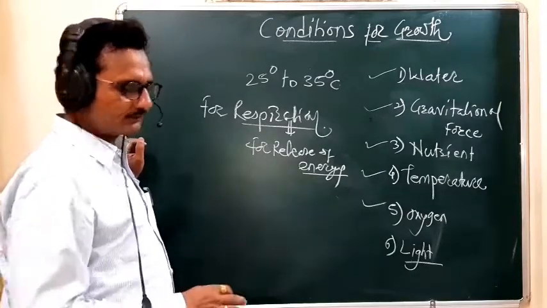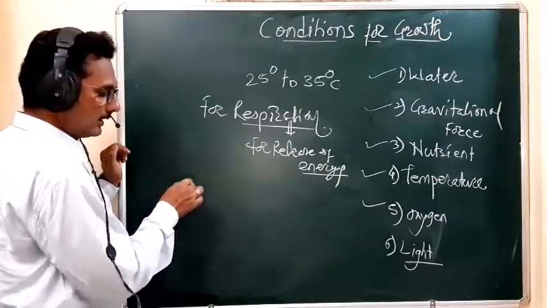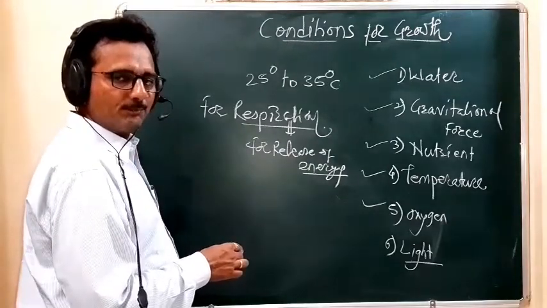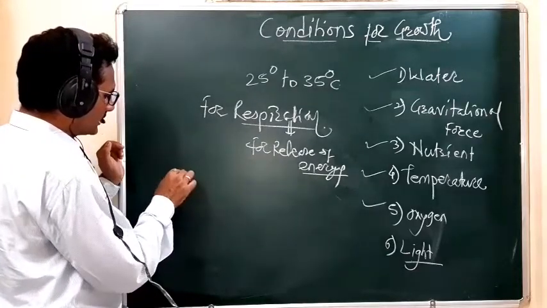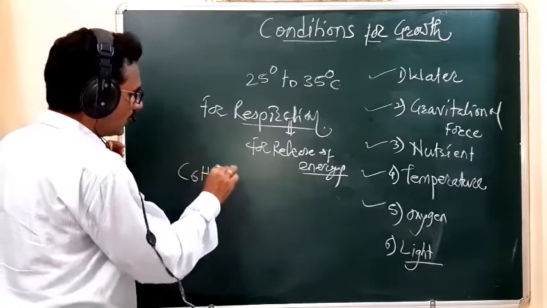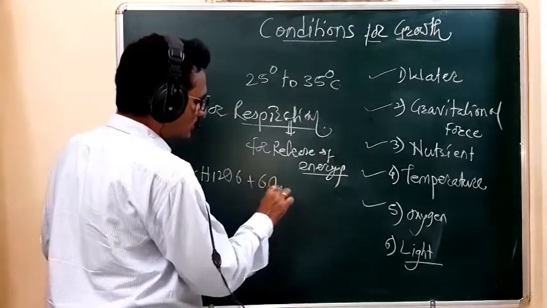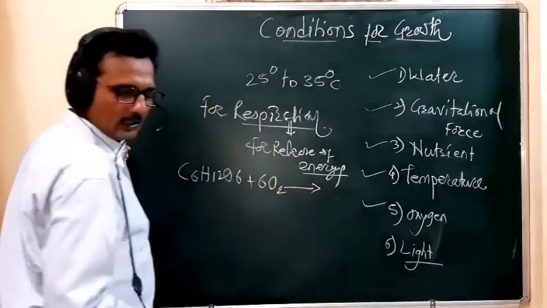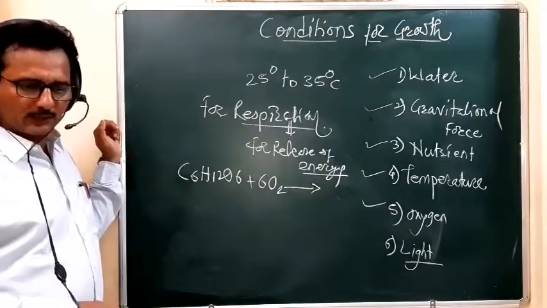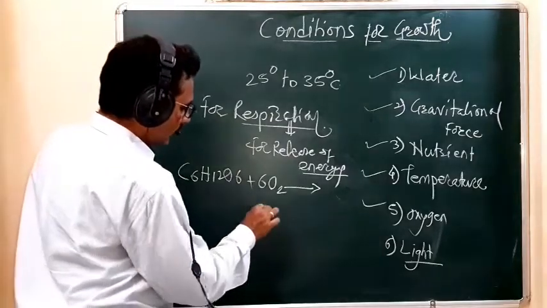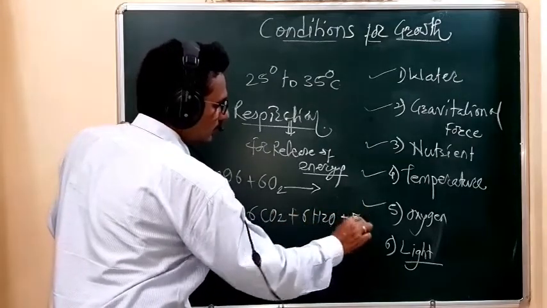Suppose I want to show you the respiration process, which you saw in 11th. What happens in respiration? Carbohydrate, C6H12O6, plus 6 molecules of oxygen, forms 6 molecules of CO2 plus 6 molecules of water, and there is a release of energy.